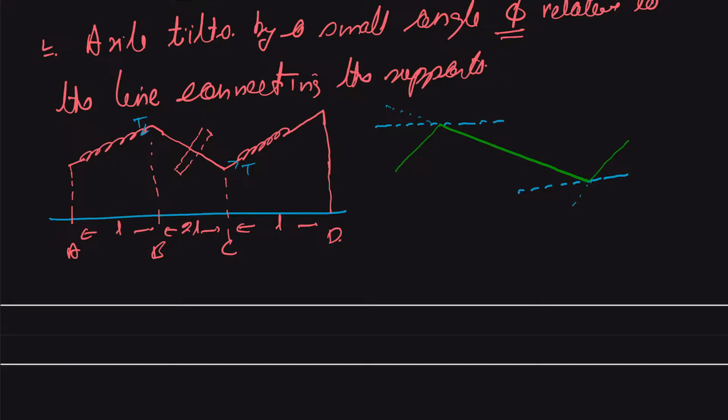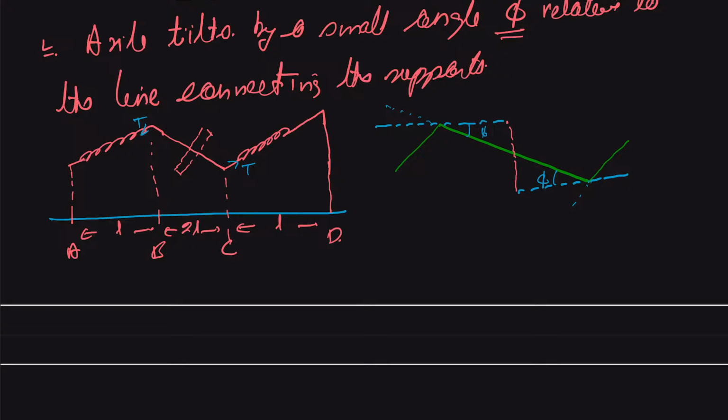So our angle phi will be between this and this, and we can just join these two parts.